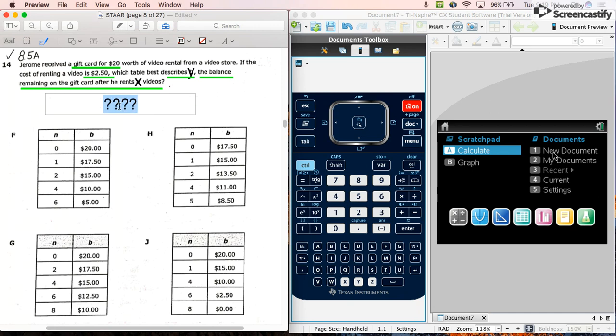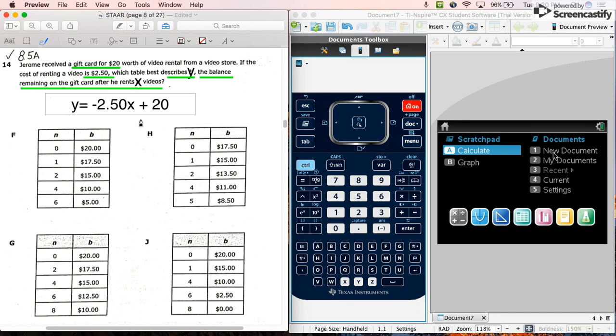So when I write my equation, I'm going to have y equals negative 2.50x plus 20. Each time I rent a video, I will be reducing it by $2.50. Hence, the reason why there's a negative in the equation, okay?